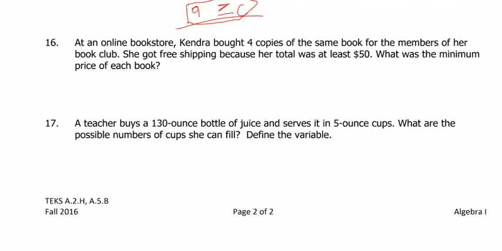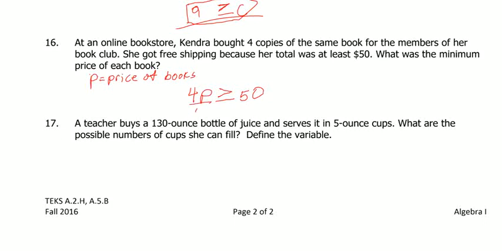Okay, so let's go with P equals price of books. Okay, so 4 times the cost of the books needs to be, at the very least, 50. So that means that needs to be bigger than 50 or equal to.